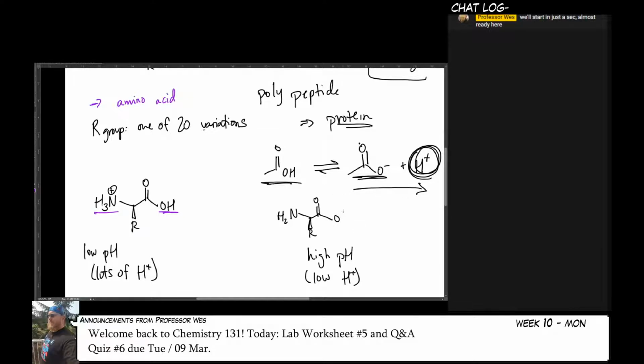So this gets deprotonated at high pH. And then for our base here, bases don't lose H+, they absorb it. But if there's none to absorb, because it's high pH, we just leave it as is. So you can see there's a difference here. At low pH, the amine part is charged, and at high pH, the carboxylic acid side is charged. I should say carboxylate because that's what it is now.